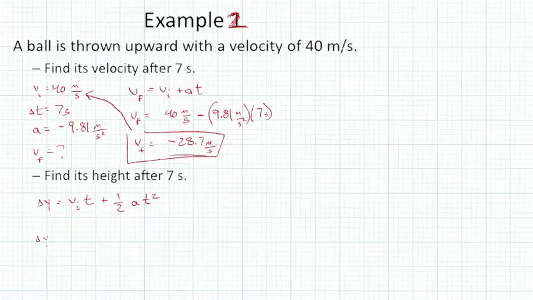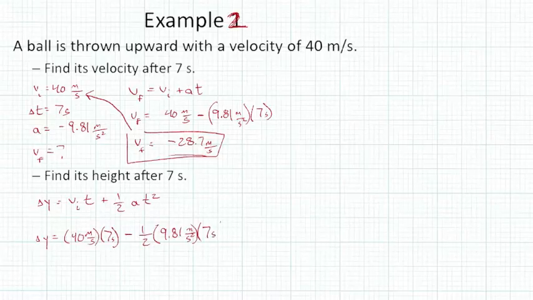So our change in y, or our displacement in the y-axis, is going to be 40 meters per second times 7 seconds, minus 1/2 times 9.81 times 7 seconds squared. That gives us a total displacement in the y direction after 7 seconds of right around 40 meters.